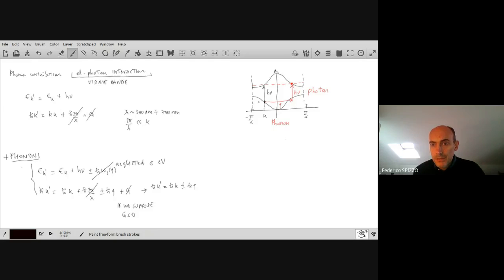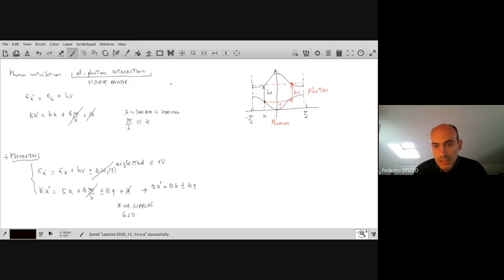So in this picture, again, there is also the opportunity to observe this kind of situations. So the final behavior of the solid is more versatile with respect to the behavior that can be accessed only considering the contribution of the interaction between electrons and photons.